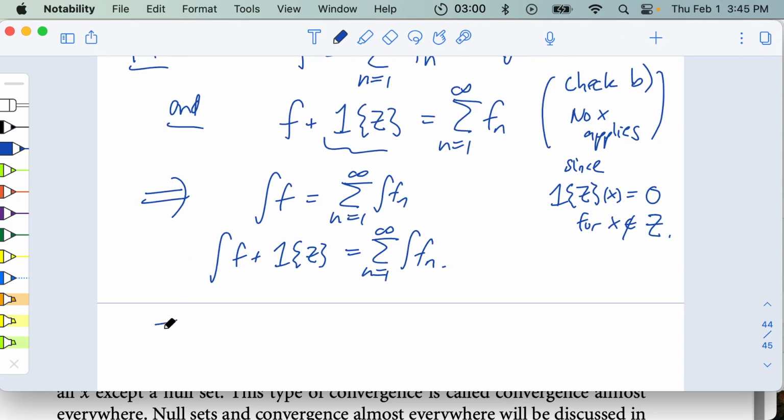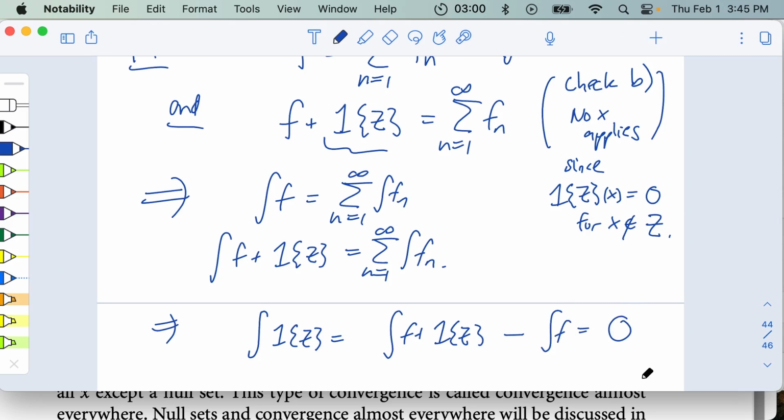And therefore, by adding and subtracting them, right, we just proved that you can add and subtract integrals. Therefore, the integral of 1Z is equal to the integral of f plus 1Z minus the integral of f, which is 0. Okay, there we go.